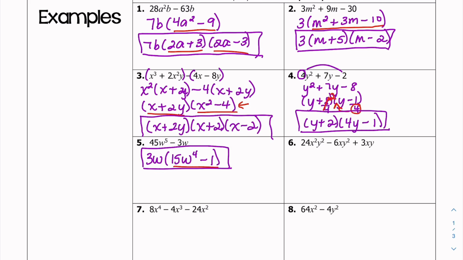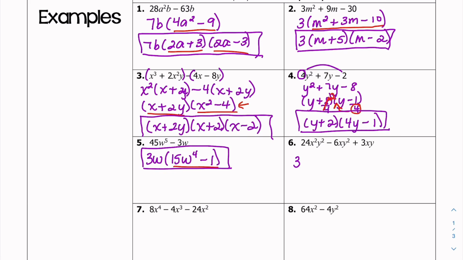All right, number 6, we have 24x squared y squared minus 6xy squared plus 3xy. Want to look for that greatest common factor first. So we have 24, 6, and 3. The greatest common factor of those numbers is 3. And look at those variables. You have x squared, then x, then x.